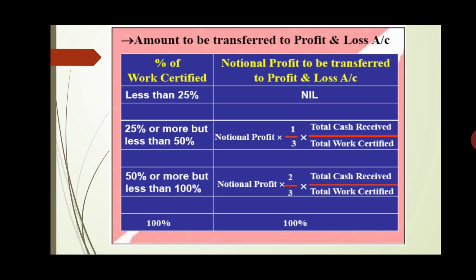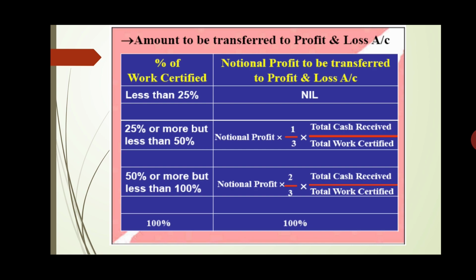If the percent of work certified is less than 25%, that is, less than 25% has been approved and completed, then how much profit has to be transferred to the profit and loss account? No profit will be transferred. Second rule, if it is in between 25 and 50%. 25% is 1/4 of the contract price.